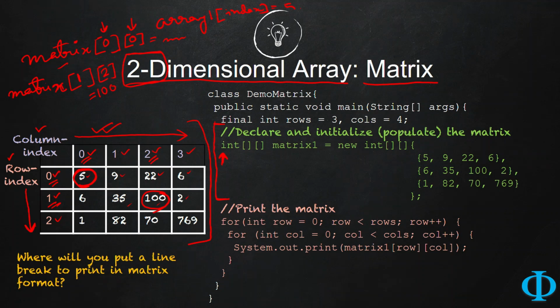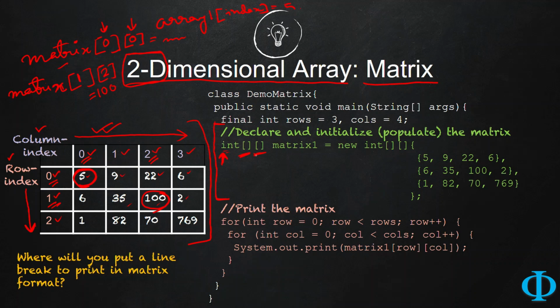But it depends on the problem description. It can hold any type of data like character, double, etc. Based on that, you have to change this data type to either character or double or something like that. After that, you have to specify two different sets of opening and closing box brackets.